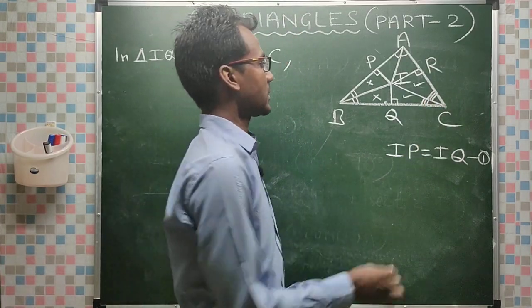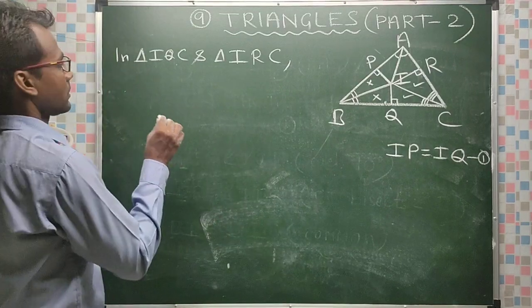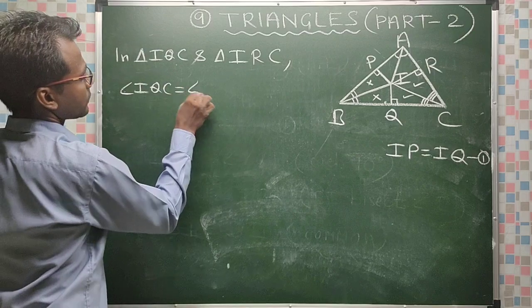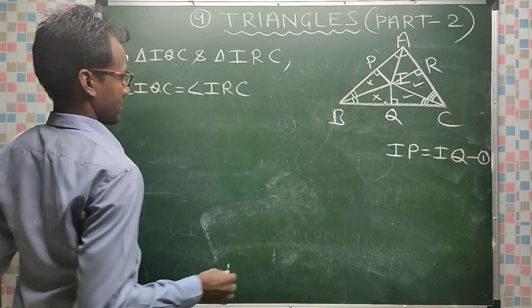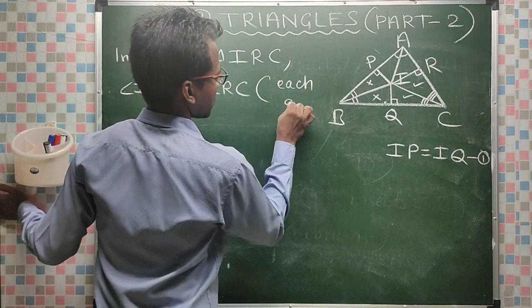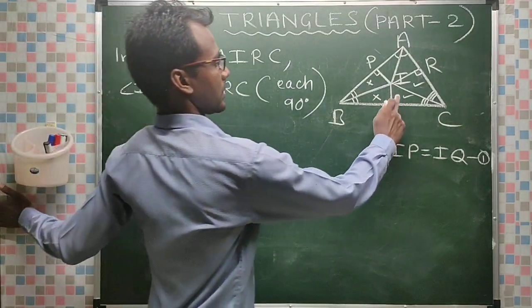Two angles, IC is common, so angle angle side postulate. Angle IQC is equal to angle IRC by each 90 degree. See, 90, 90.